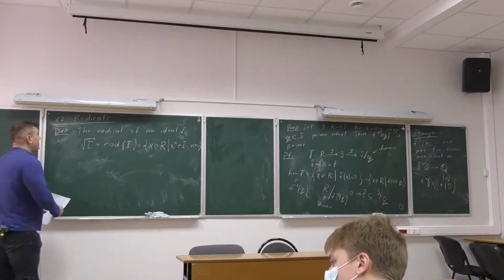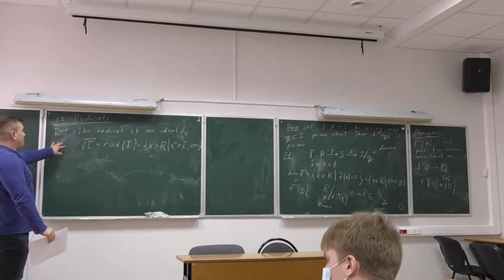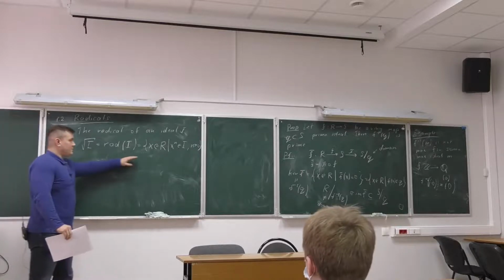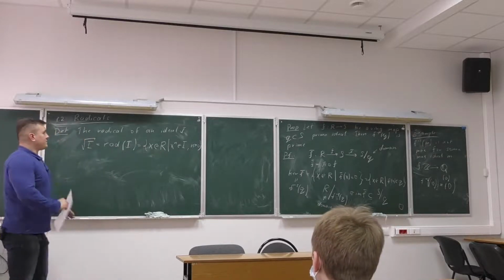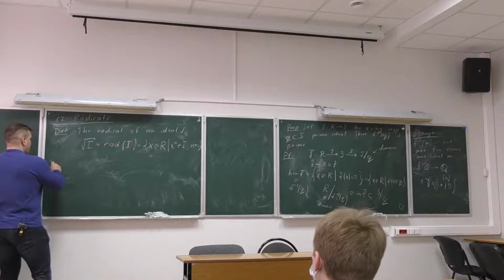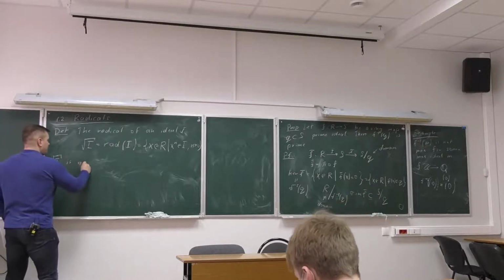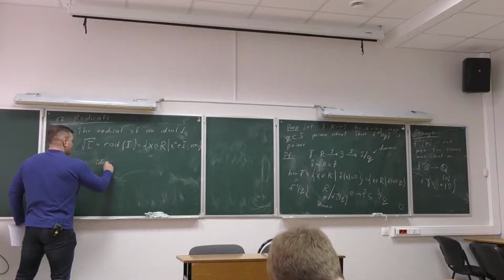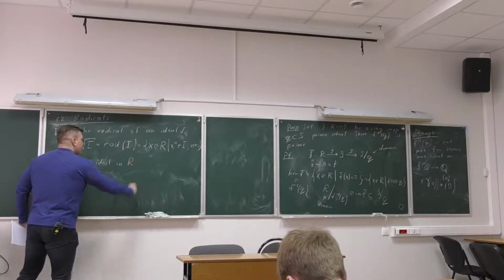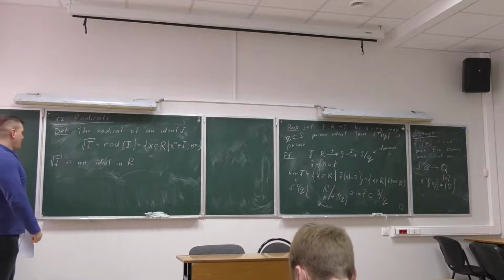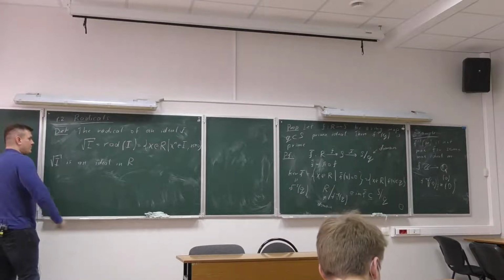Well, the way it is defined, it's only clear that this thing is a set. I claim that in fact this is an ideal. So the radical of an ideal is an ideal in the ring R. Well, I need to check a couple of properties.